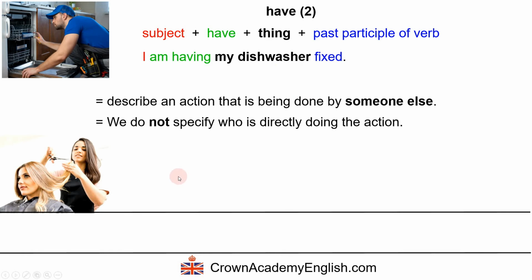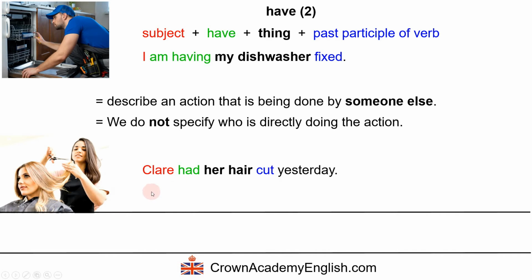A very, very common example: Claire had her hair cut yesterday. So this is Claire, this is the past tense, and she had her hair cut yesterday. Cut is the past participle of cut. So this means yesterday somebody cut Claire's hair.